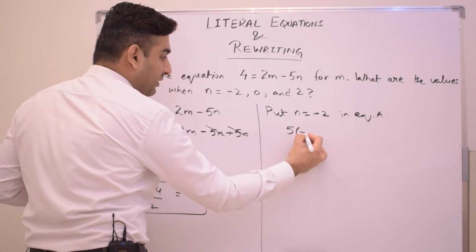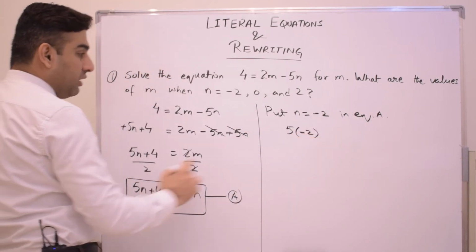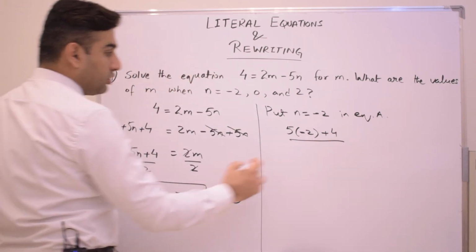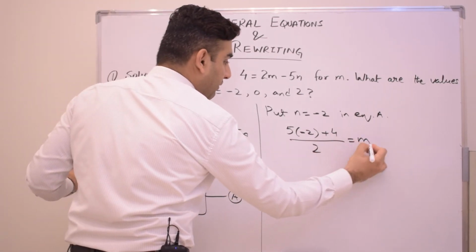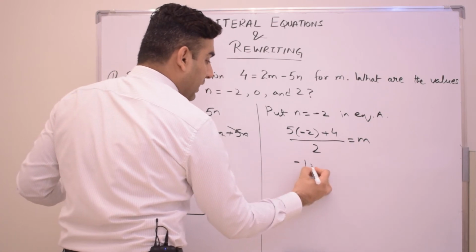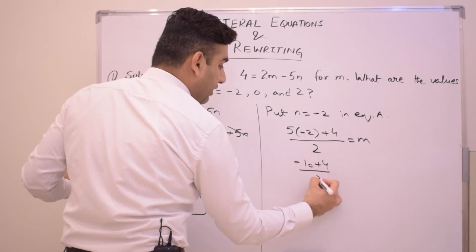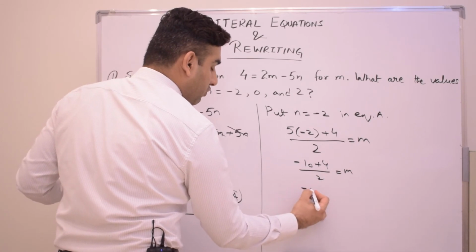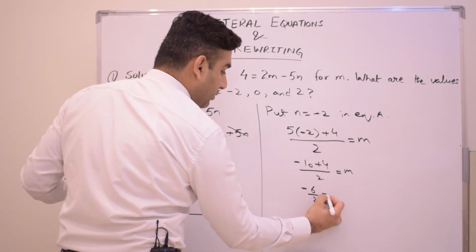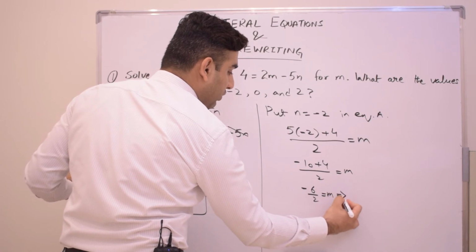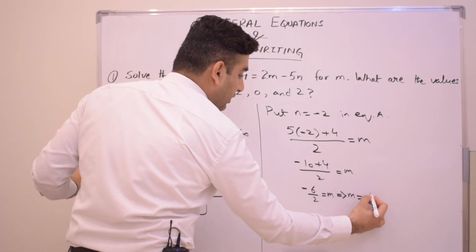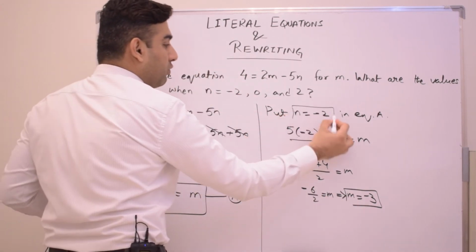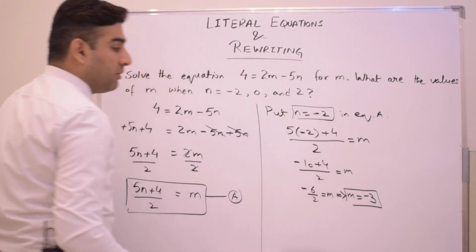So 5 times -2 plus 4 divided by 2 equals m, and it will come -10 plus 4 divided by 2, and -10 plus 4 will be -6 divided by 2, which implies that m equals -3. So when n equals -2, m equals -3.